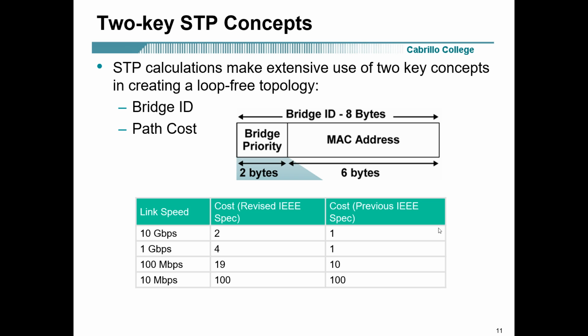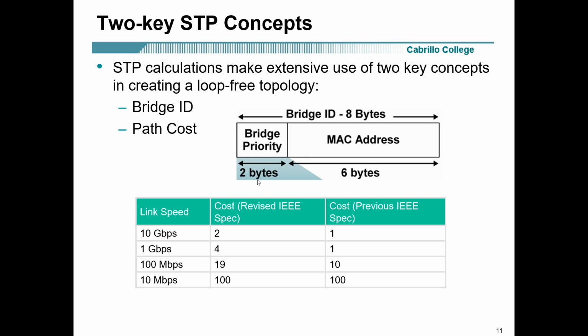The bridge ID is going to be a combination of the bridge priority, or the priority of the switch, on top of the MAC address. So the bridge ID is going to be 8 bytes: 6 bytes for the MAC address, or 48 bits, and 2 bytes for the bridge priority.